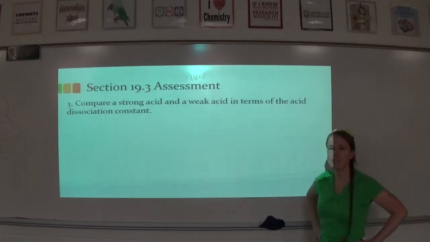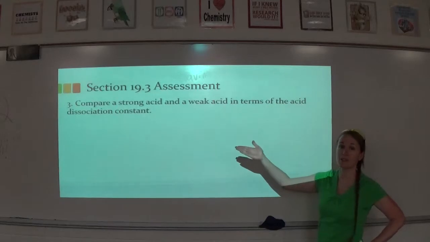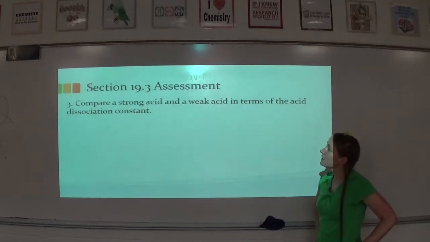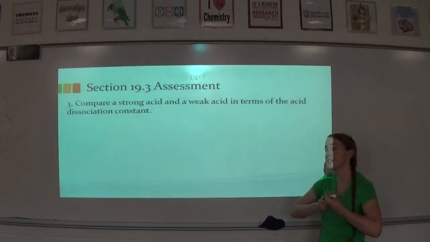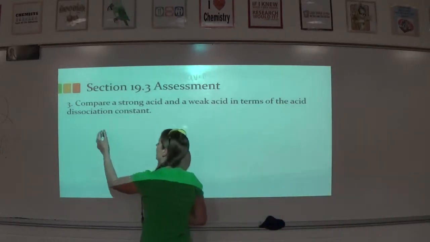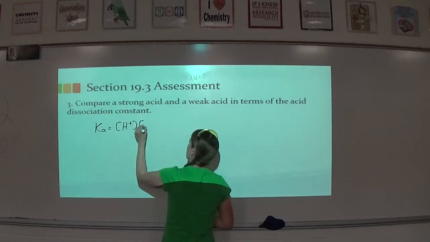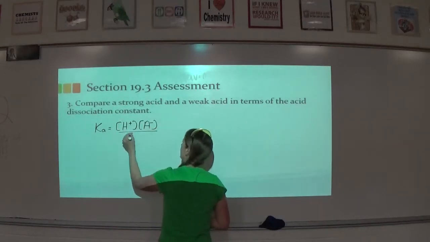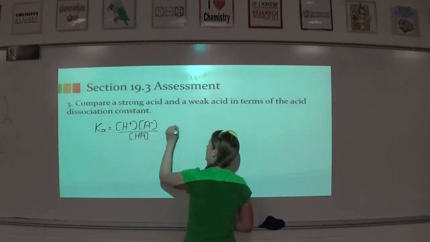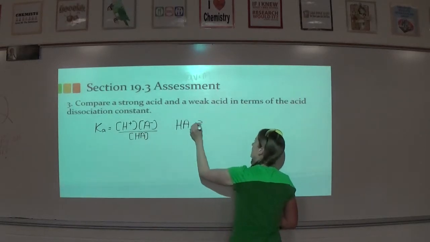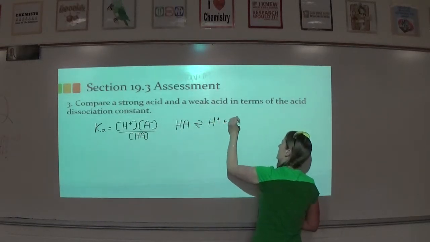So let's knock out that section assessment, which for some reason randomly starts at number 3. Alright, so it says compare a strong acid and a weak acid in terms of the acid dissociation constant. Well, remember, acid dissociation constant, your Ka, is H plus times A minus over HA. Remember, our reaction is HA yields H plus plus A minus.